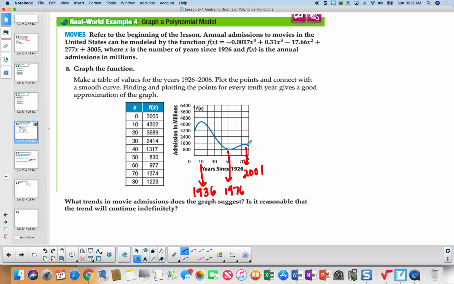And in 2001 it looks like it picked up a little bit. So what trends in movie admissions does this suggest? And what I was just saying is the trends that I saw. Is it reasonable that the trend will continue indefinitely? So will it continue to go down? We don't know. We know what's happening between 0 and 2006, but we really don't have any idea what's going to happen there.